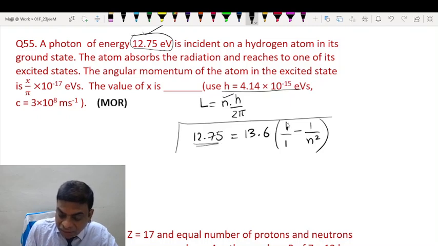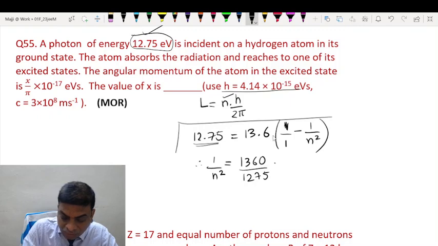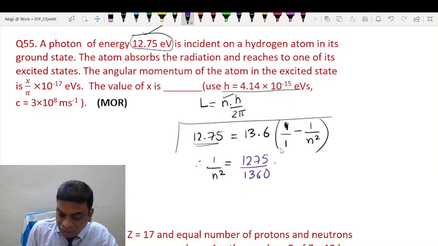Therefore we have 1275 upon 1360; I have multiplied both sides by 100.